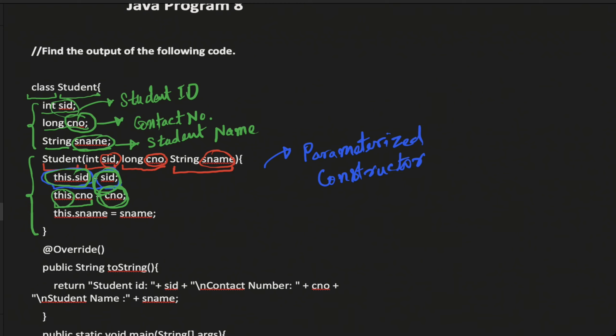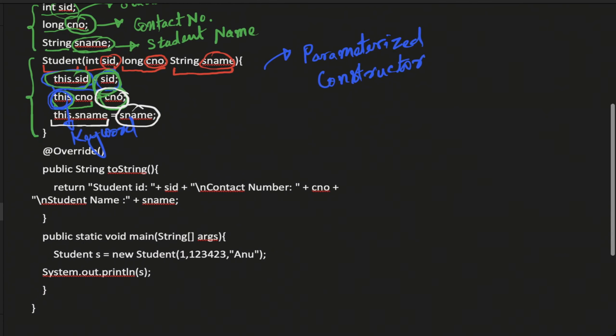This is a keyword. So now you can understand the third one. this.sName refers to the instance variable of the current object, and we are assigning the value of the parameter to the instance variable of the current object.